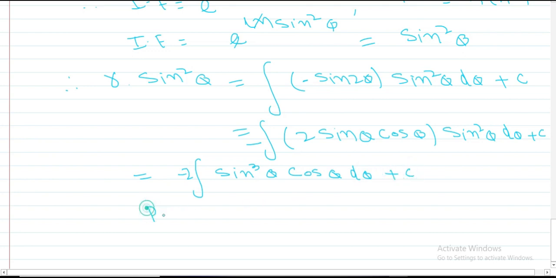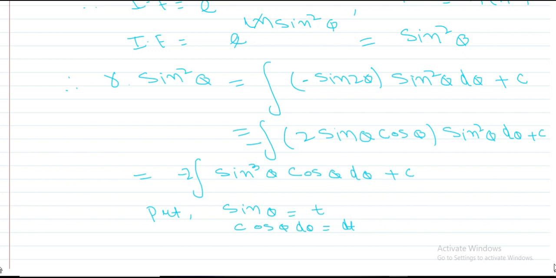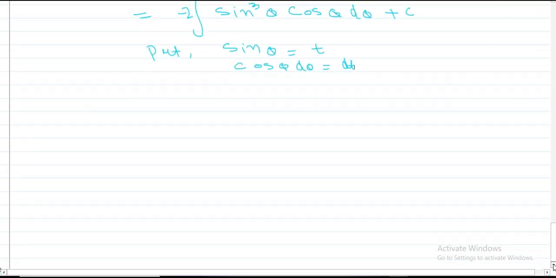Now we will put sin theta equal to t. Differentiating with respect to theta, cos theta d theta is equal to dt, right? Therefore we can write the solution as r sin square theta equal to minus 2.